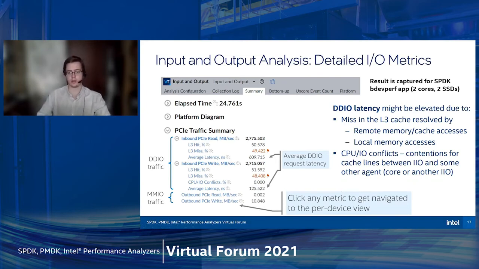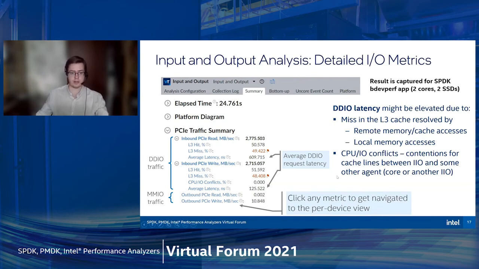This is when the I/O controller has some contention for the cache line with some other agent like a core or another I/O controller. This may take place in applications that, for example, have a polling communication model, when a core polls for data that is getting modified at the same time by the device. At this point we may have some contention for data, something like false sharing, but between the I/O controller and some other agent.